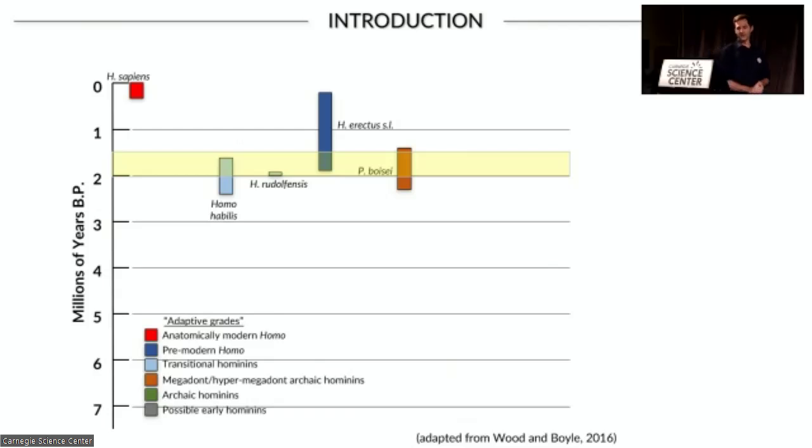Now, my own field research is concentrated in Eastern Africa, and so I'm normally thinking the most about 4 of the 6 species that fall into that time window, because the others are known only from Southern Africa. And this is a very interesting time and place in our evolutionary history because these 4 hominin species here might have overlapped and sometimes even lived on the same landscapes as each other, and they seem to come from 3 very different adaptive grades.